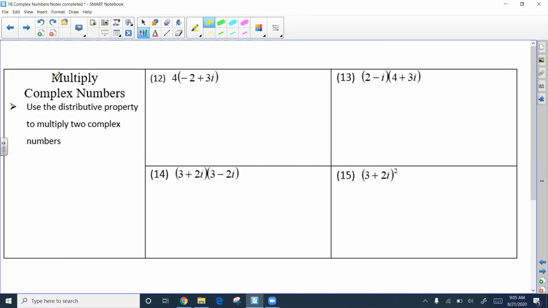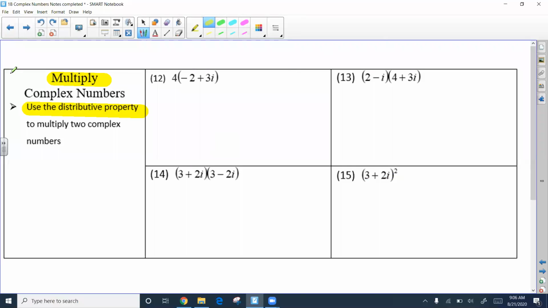So to multiply complex numbers, we're going to use the distributive property to multiply. So it is not like adding. You don't just multiply real and multiply imaginary. You actually have to distribute. So you have to use the distributive property, which means you can also use the box method on some of these.